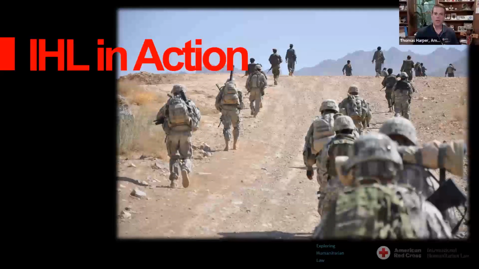We'll get into how this law operates and the differing ways it's put into action and viewed by different entities. But at the end of the day, it's militaries and non-state armed groups like the Taliban or ISIS who are doing the fighting on the ground, and by extension, needing to adhere to these laws.